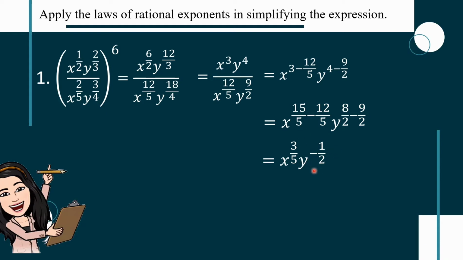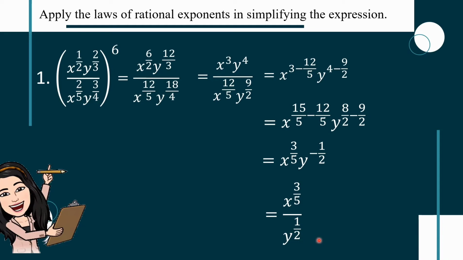Very good, get its reciprocal, so that the negative goes away. If it is in the numerator, we place it in the denominator. If it is in the denominator, we place it in the numerator. So that will be equal to x raised to 3 over 5. We moved y raised to negative 1 half down to make it a positive exponent, so it becomes over y raised to 1 half.